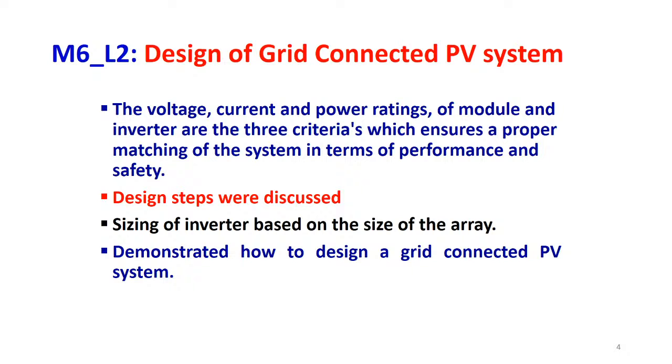Under the same module, in lecture 2, we primarily discussed the design of grid connected PV systems. The voltage, current and power rating of modules and inverters are the three criteria which ensure a proper matching of the system in terms of performance and safety, which was discussed extensively, and design steps were discussed.